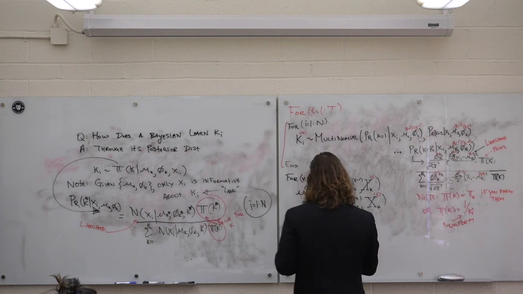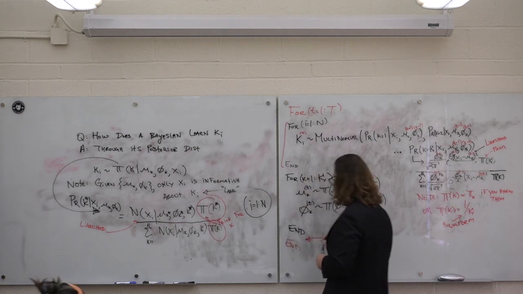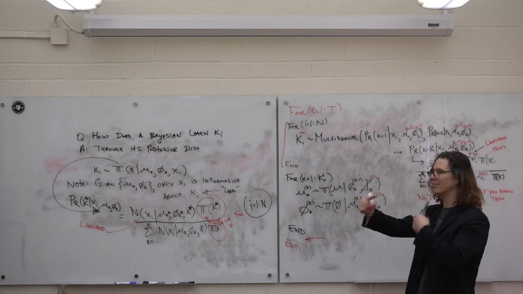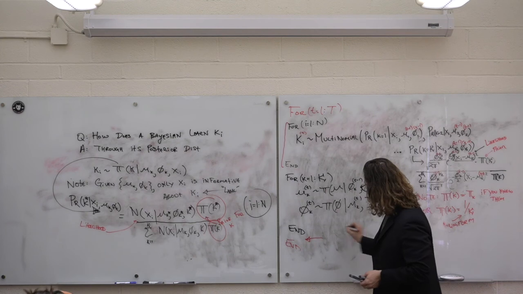So at the end of every draw, once this thing starts to converge, you have a joint sample from the joint posterior distribution.